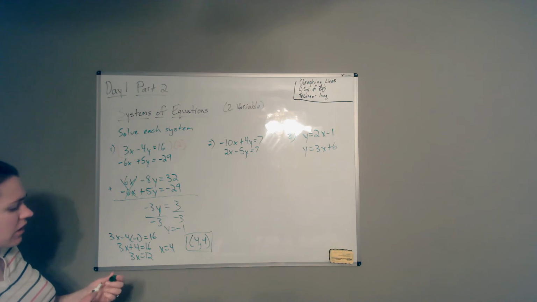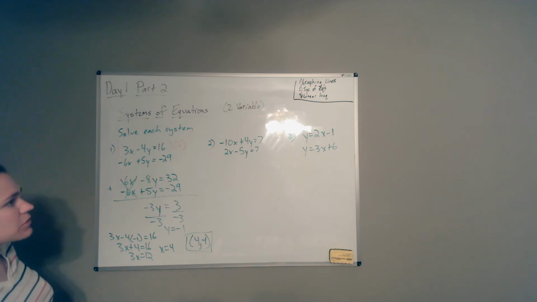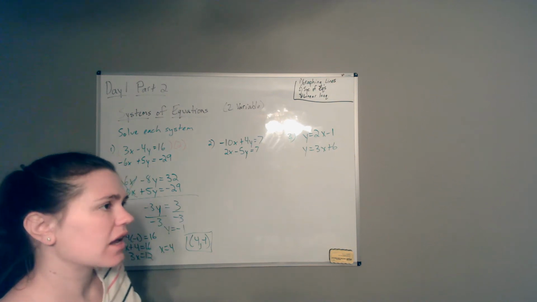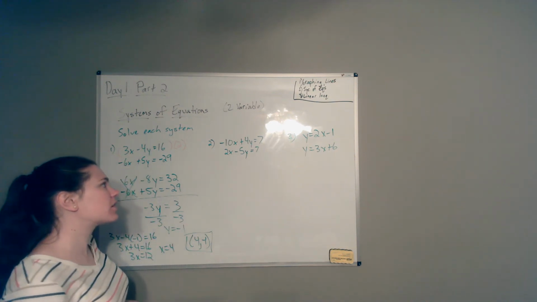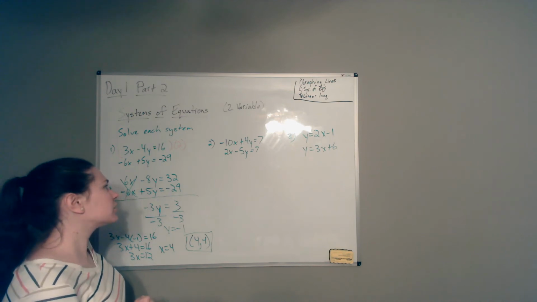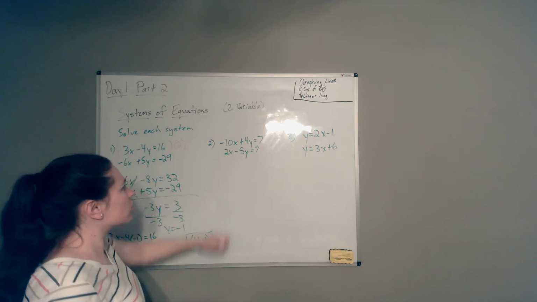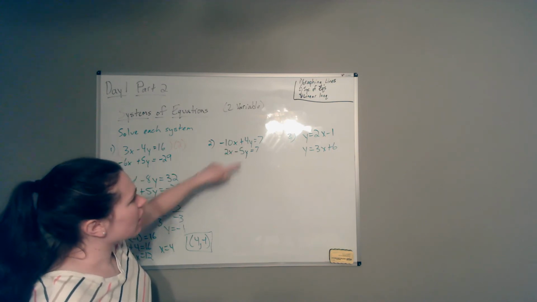And by the way it looks, I would not try and use substitution here. I would use elimination. And this time let's try and get rid of y. So if we look, we've got 4y and we've got negative 5y. So right now they're opposite signs.